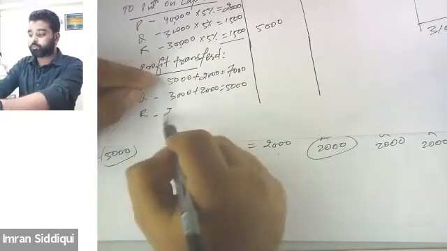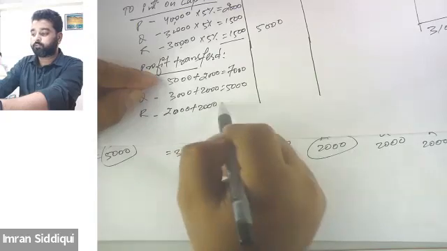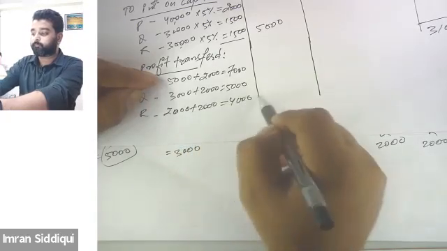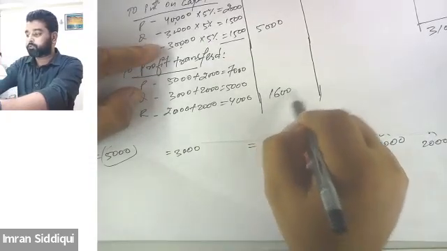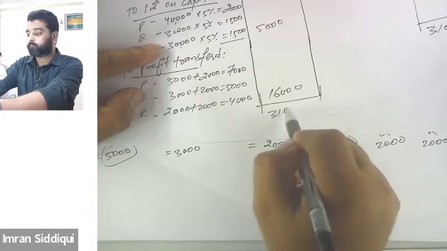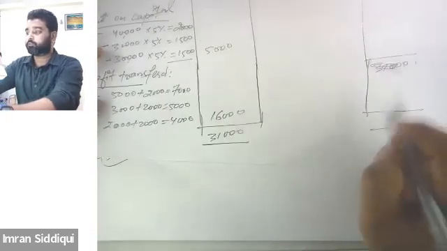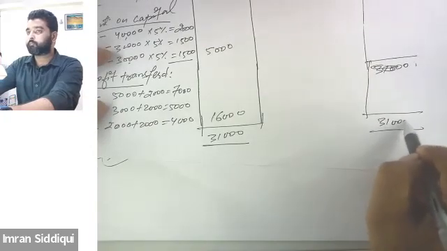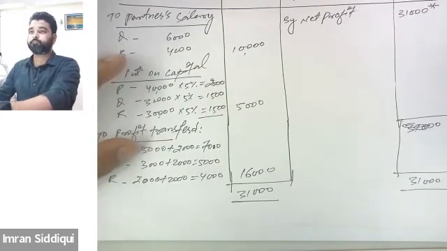So that means 2,000 plus 2,000, it will be 4,000. And the total amount will be 16,000. 31,000 on the debit side, 31,000 on the credit side. Tell me, everyone, is this clear, all of you? Yes, sir.